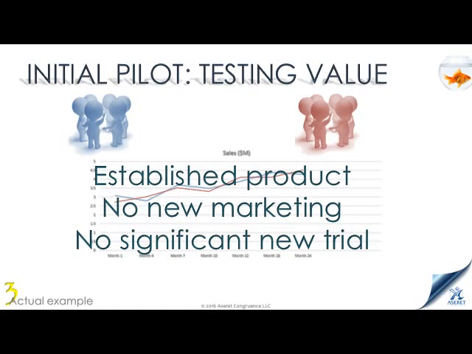There was nothing new in terms of marketing, in terms of strategy or messaging. And no significant trial was going to be published to demonstrate that the product was either way better or way worse than it was. So we had a very solid environment to test one variable, which was training.